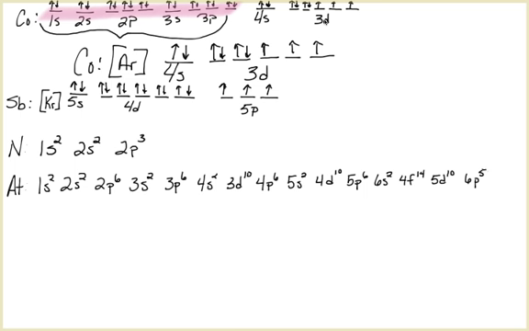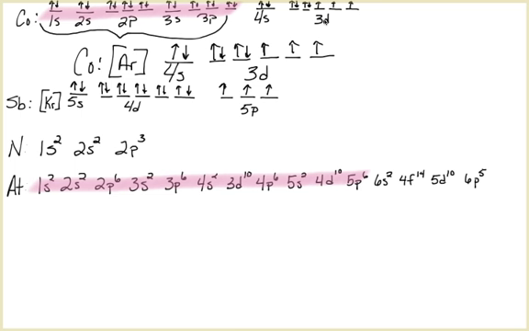Now obviously that's way too long. I would never have done that for orbital notation, but let's apply the shortcut. If we look at the periodic table, we will see that the previous noble gas before astatine is xenon, and xenon ends with 5p6. So all of this is represented by xenon.